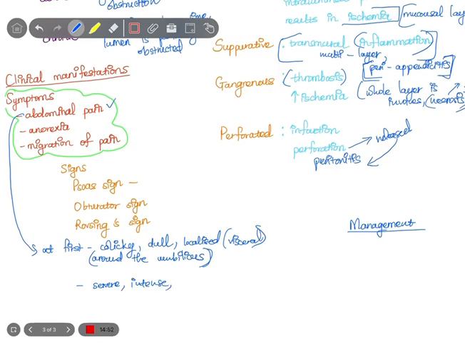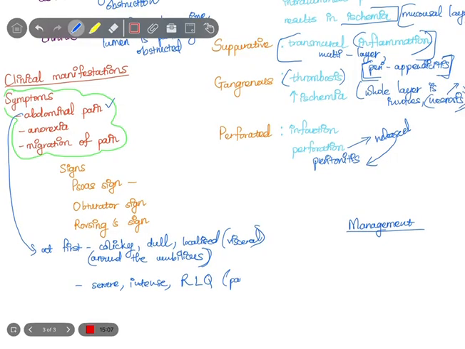It's going to be sharp, and it's going to be localized on the right lower quadrant, because the parietal layer is innervated by the somatic nerves.